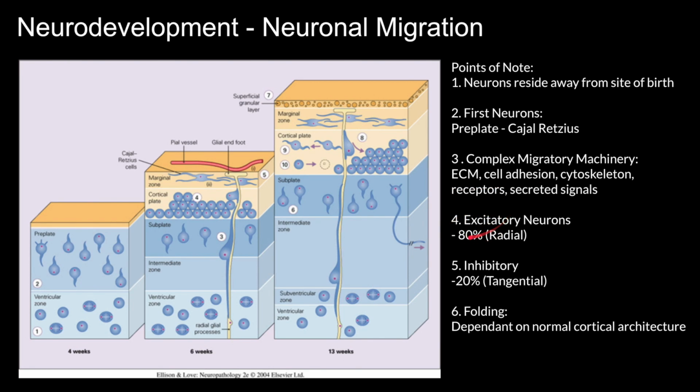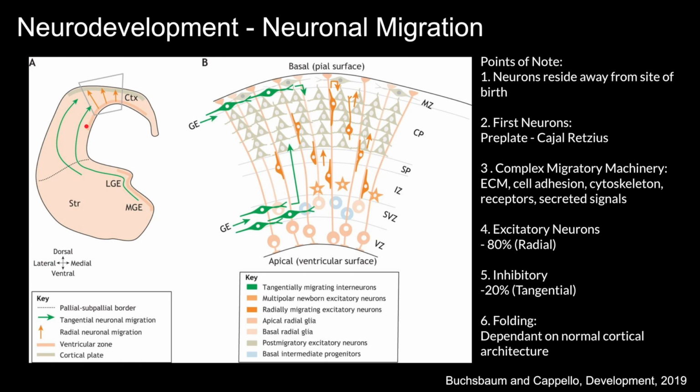Things to note, again, there's both radial and tangential migration. The excitatory neurons arise from the dorsal subventricular zone and radially migrate to form your glutamatergic neurons, or your pyramidal cells, that form these long connections, and then your GABAergic neurons arise in the medial ganglionic eminence and carry out a tangential migratory pattern into the cortex, and then will undergo radial migration to find their correct location.